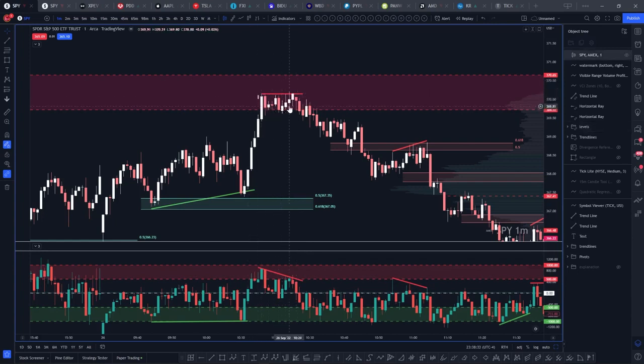So on the secondary push up into our price action here, we have Tick being unable to breach our 500 level, showing us that there's less market participation up in this area, and we have more stocks now selling than buying from our initial push up. So we have a divergence here compared to what price is actually doing.